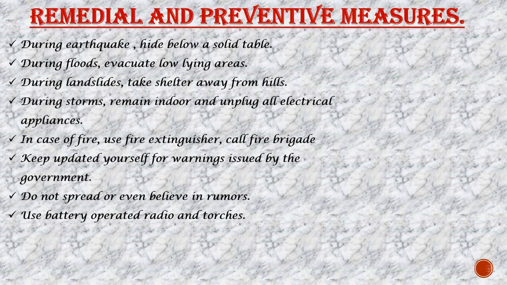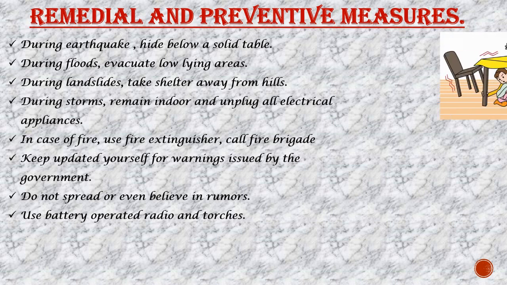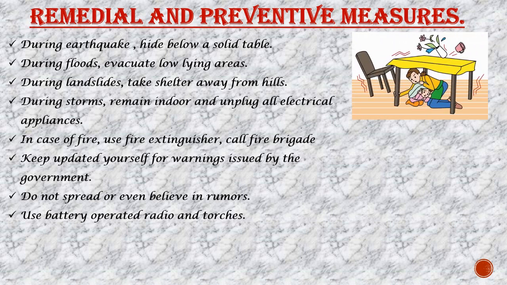Now students, let us understand some remedies as well as precautions that can be taken during or before a natural or a man-made disaster occur. So during earthquakes, if one is inside the house, hide below a solid table. During floods, evacuate low-lying areas as water fills these areas quickly.